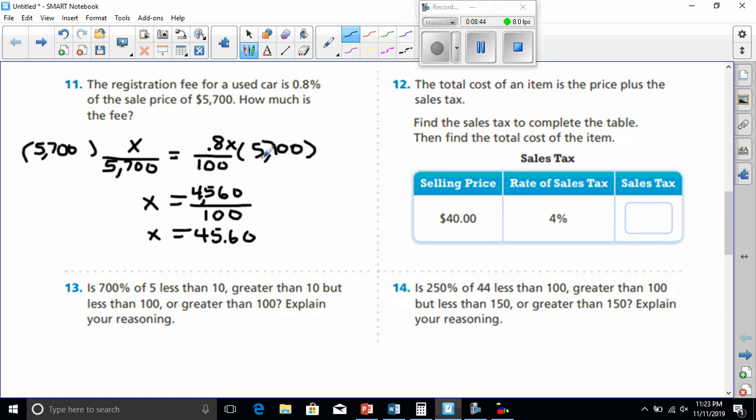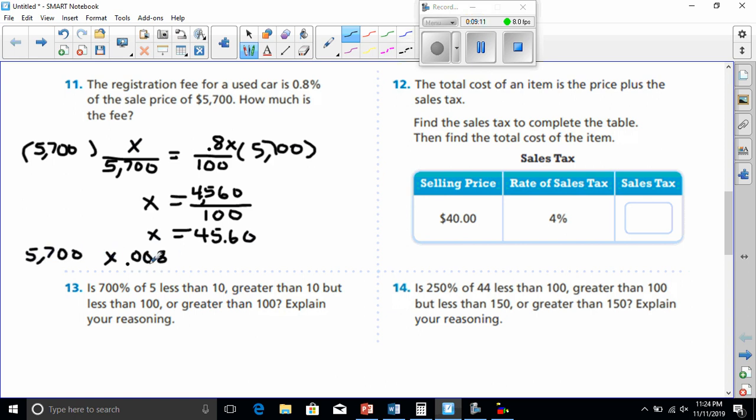Another way you could do this is to realize that 0.8 divided by 100 is going to be 0.008. You could multiply this by 5,700.